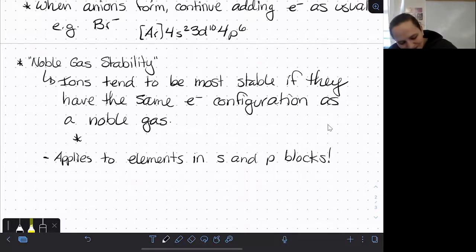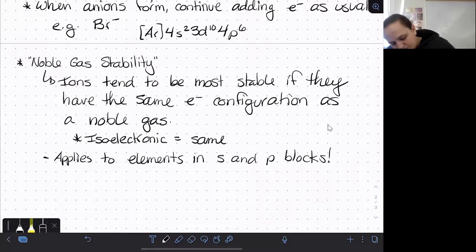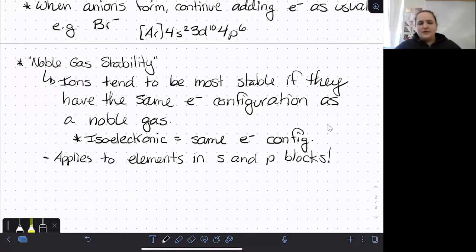Something having the same electron configuration is known as being isoelectronic, or isoelectric sometimes. Either one is fine by me. But if you say two things are isoelectronic, that means that they have the same electron configuration.